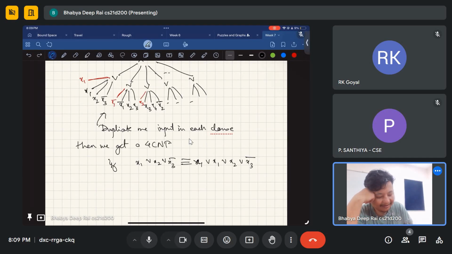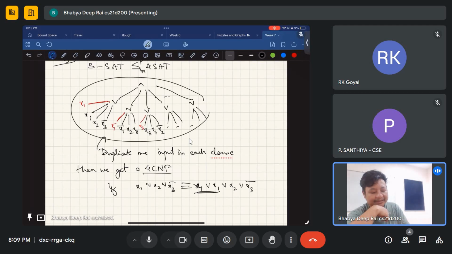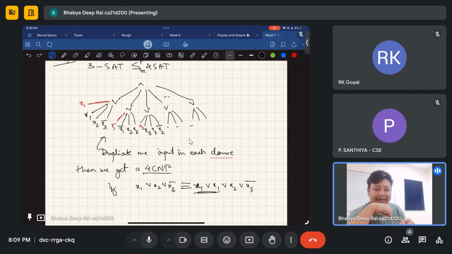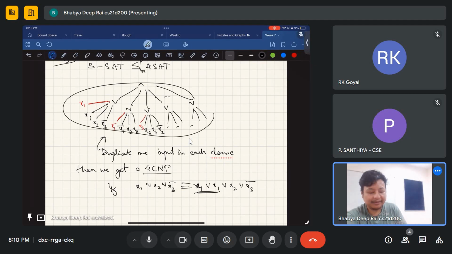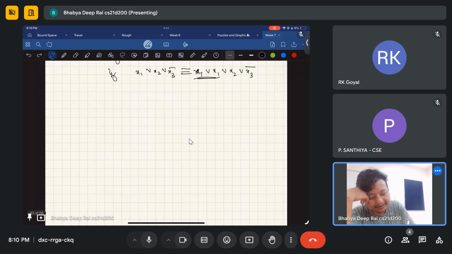So duplicating will not change it, and we get a 4 CNF, so satisfiability is preserved. If this is satisfiable, then the duplicated one is also satisfiable, and if it is not satisfiable, then the duplicated one cannot be satisfiable either. So we get that 4 sat is NP complete.